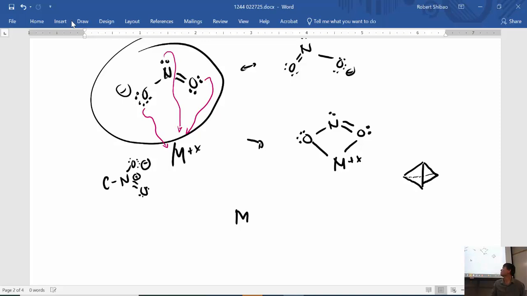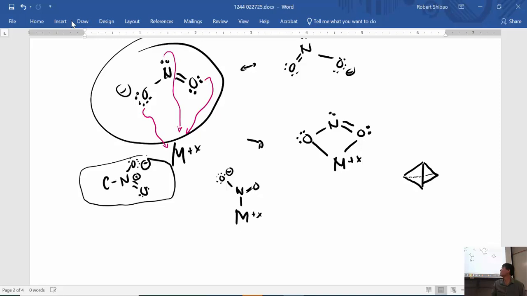Now, when we look at transition metal complexes, if I have a nitrito N, am I going to put a positive formal charge on the nitrogen? No. And I'm not going to change the charge on this. And so this is one of the big differences here. If you go on to Chem 7A, you're going to write it like this.